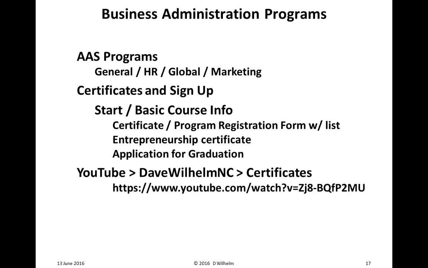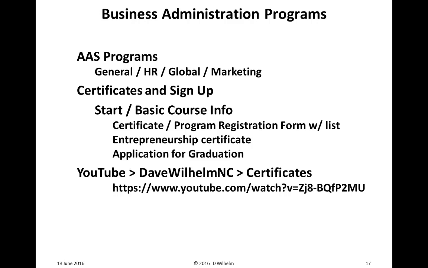Business administration programs. We have 4 associate degree programs: General, HR, Global, and Marketing. We also have a number of certificates. In the Start Basic Course Info section, there's a certificate and program registration form with the list of certificates. Since you're taking this course, you're probably eligible for an entrepreneurship certificate.